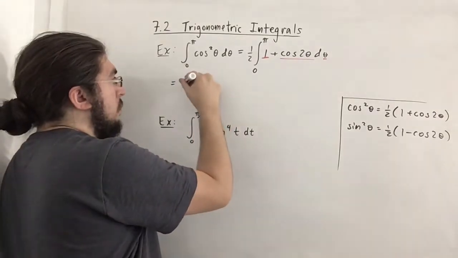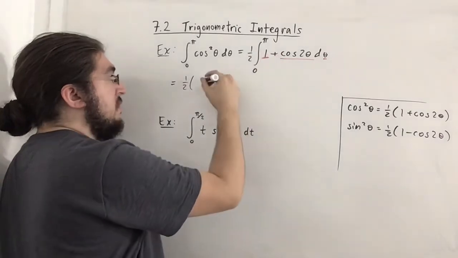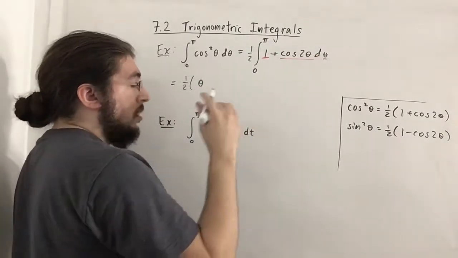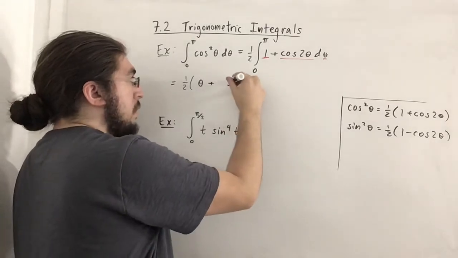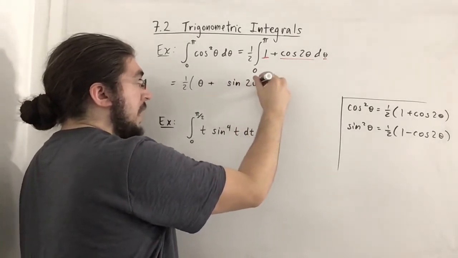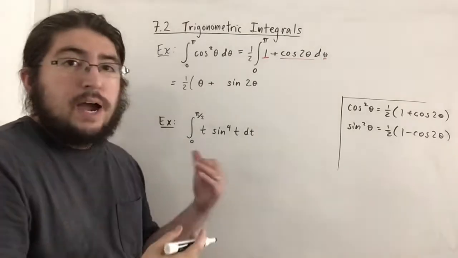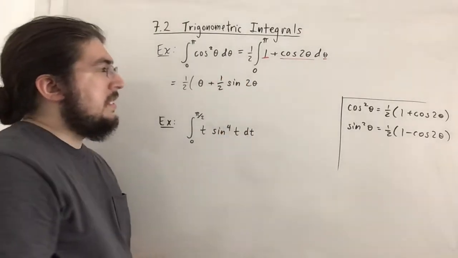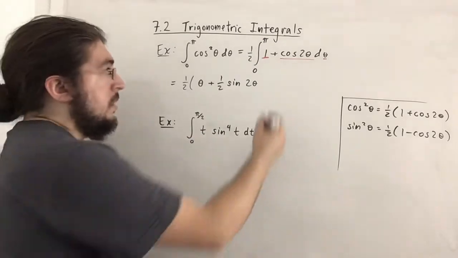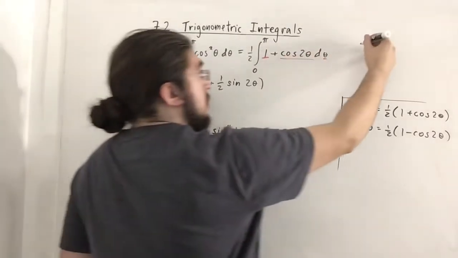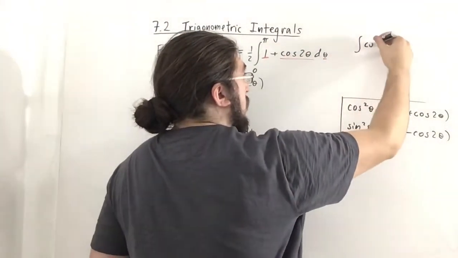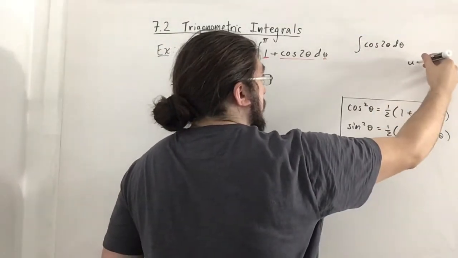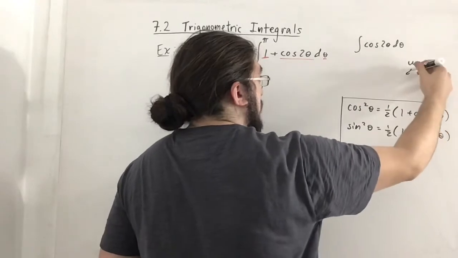So we end up with 1/2 times the antiderivative of this, which is just theta. The antiderivative of cosine, recall, is positive sine. But since it's of 2 theta, we have to divide by 2 because of the chain rule, basically. So this is kind of like a small u substitution. Notice that if you were to call this u, then for the antiderivative of cosine of 2 theta, if u is equal to 2 theta, du would then be what?